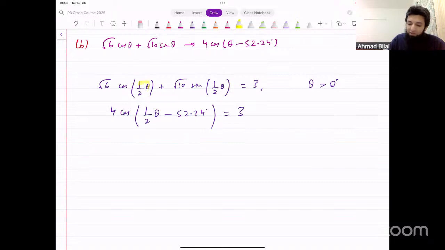The only difference is we had theta earlier. Now in place of that, we have half theta. So on the right side as well, where we had theta, we replace that with half theta. Make sense? Any problems until this point? Is this conversion okay with everyone?